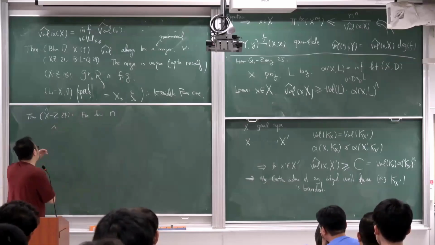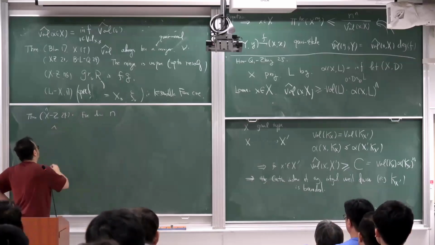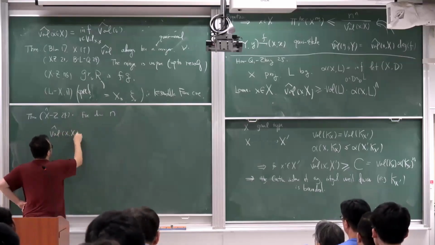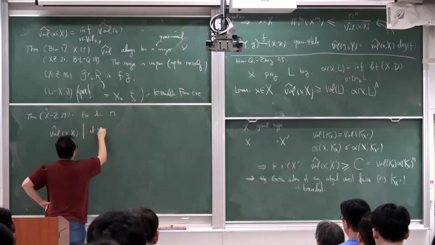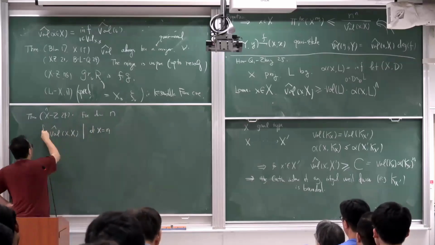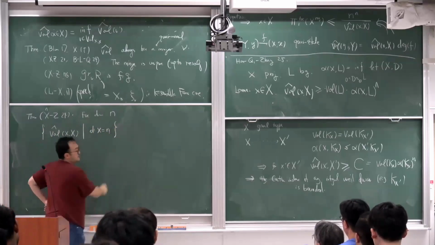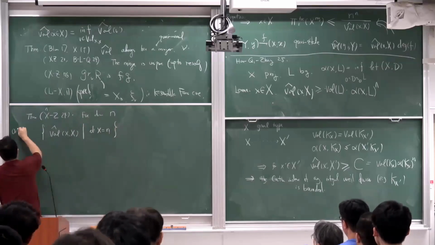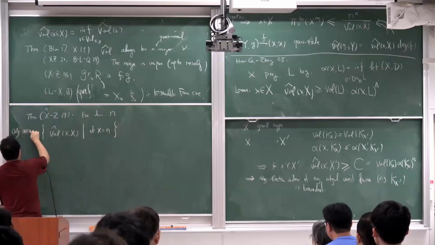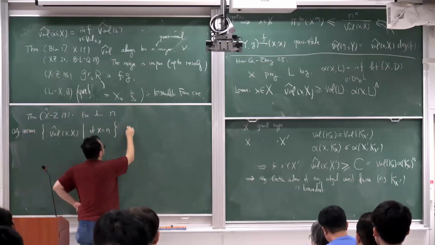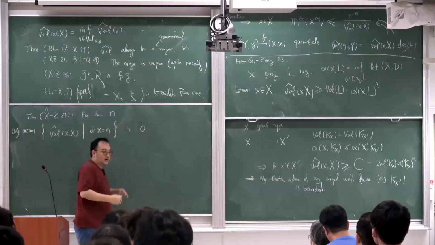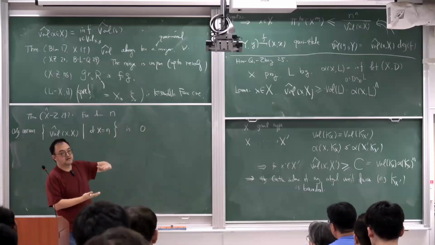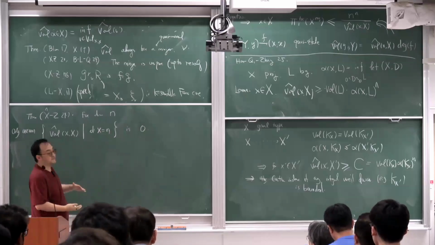The real stuff is on this side: if I fix dimension and look at the volumes of all X with dimension X equal to n, so I look at all possible such kind of set, then the only accumulation point of this set is 0. So once you fix a positive number, and look at all values above it, it's always discrete. There are only finitely many out there.